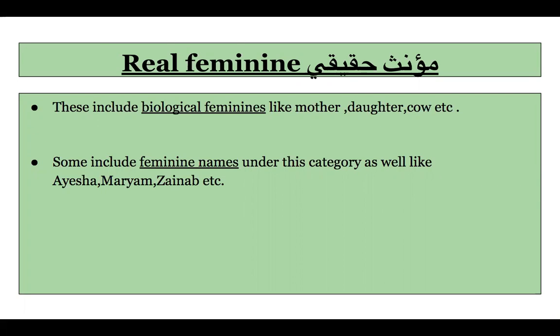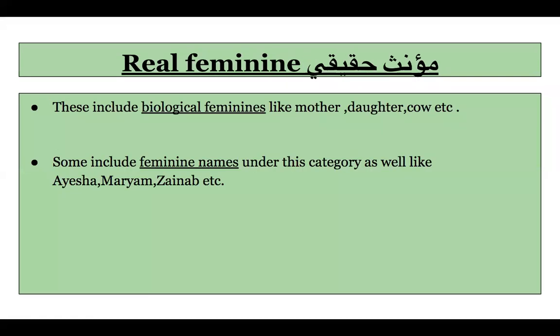They are really, really feminine. So think about them as the real feminine, because when it comes to mother, if you can just remember XX chromosome, that will help you remember that these are the biological feminines, and the biological feminines are going to be under the category of muannath haqiqi, real feminine. And then your names are going to be under the category of real feminine.